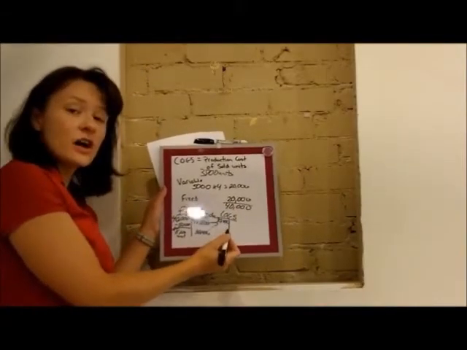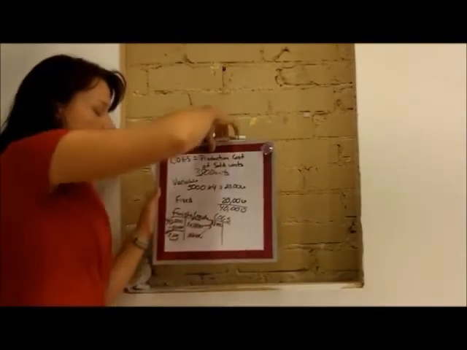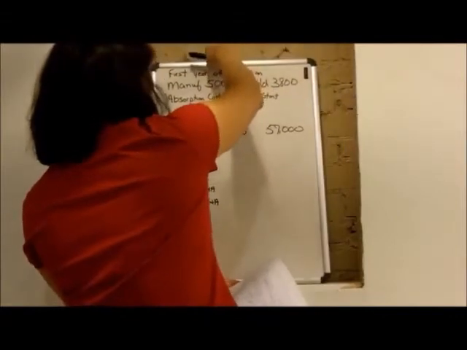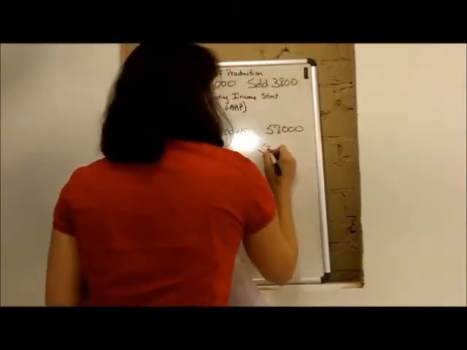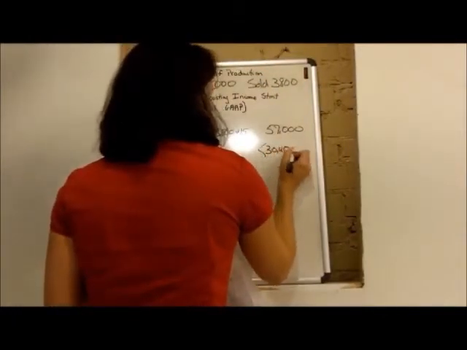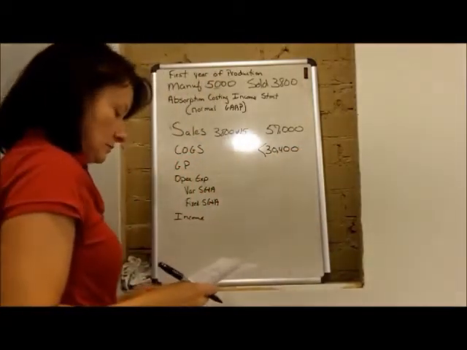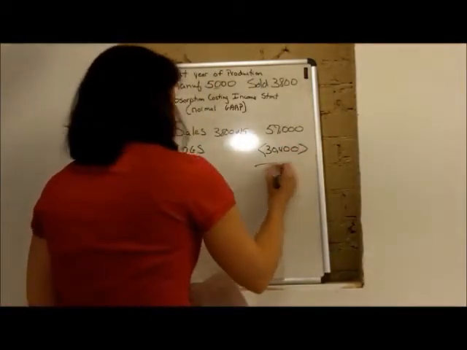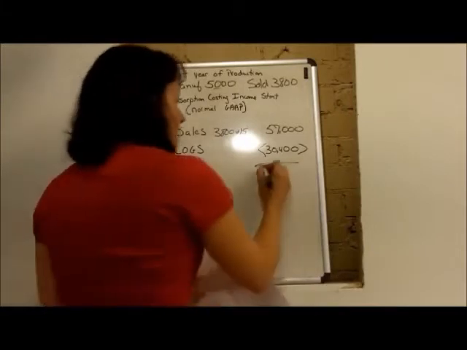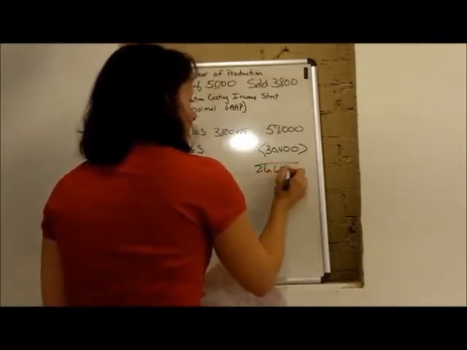So we have cost of goods sold of $30,400, which gives us gross profit of $26,600.